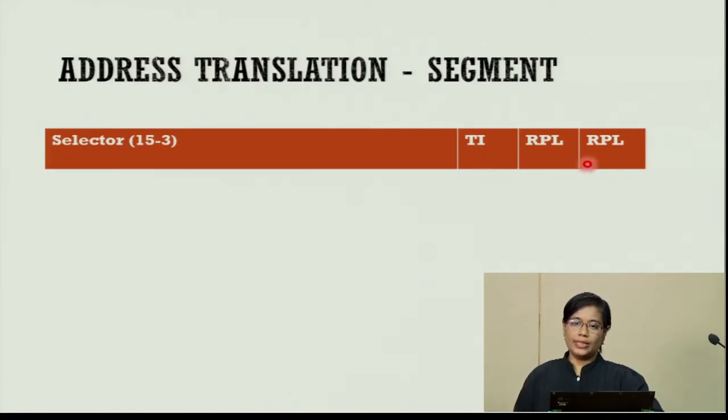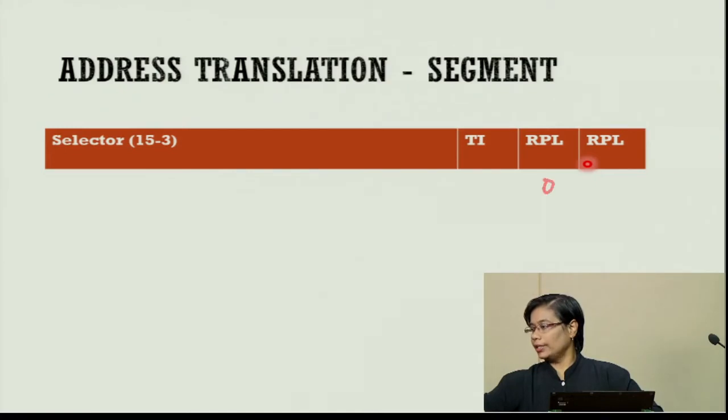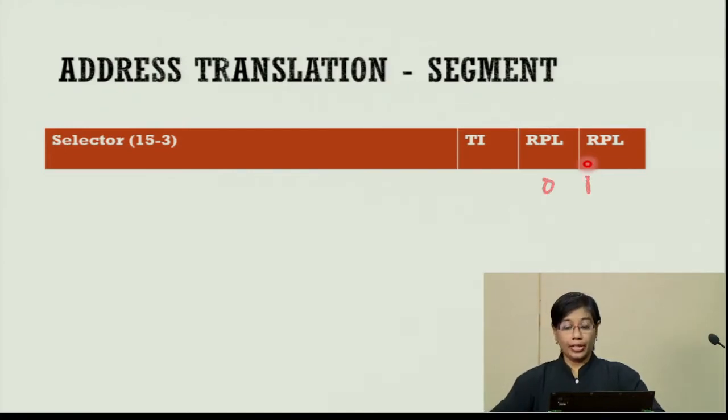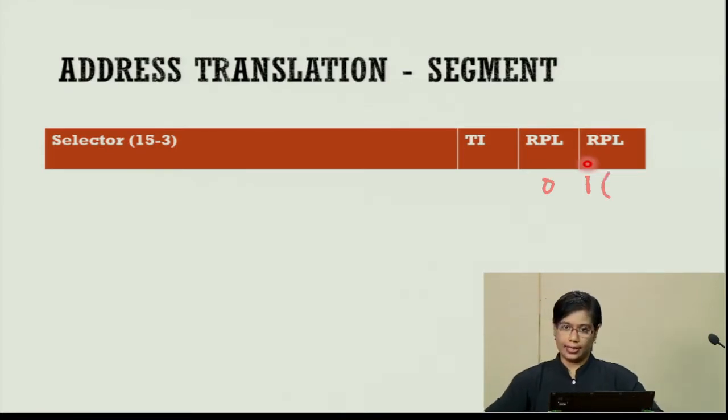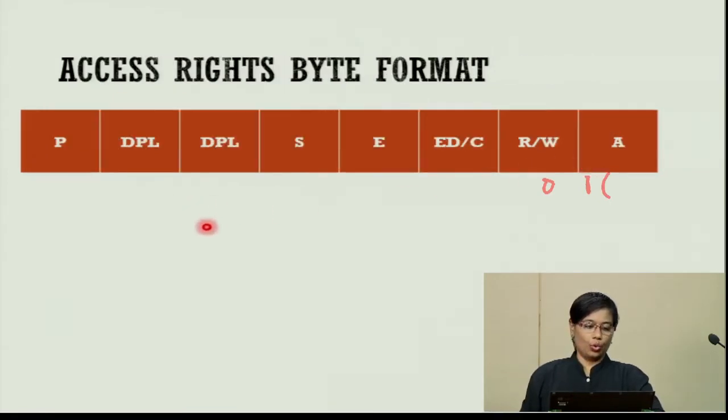Now these 2 bits are called the request privilege level. This is used whenever you are looking at memory protection features. If the RPL is 01, then with a request privilege level of 01, this can access only a segment whose privilege level is lesser than 01. This RPL will be compared against the 2 DPL bits.